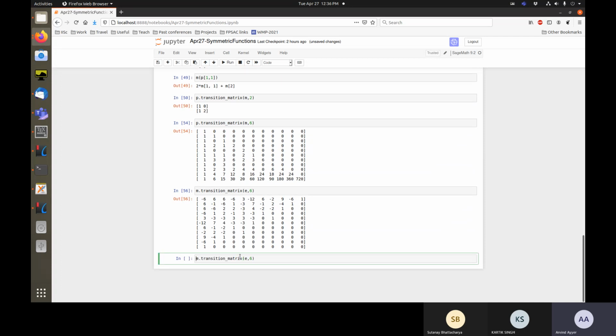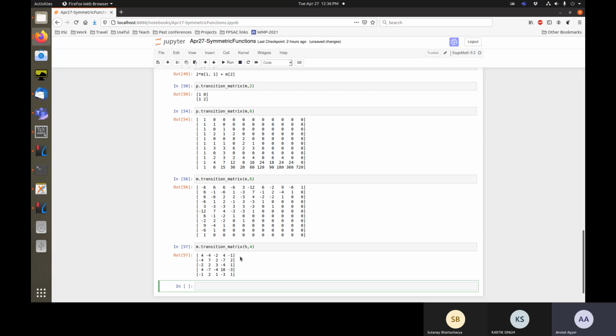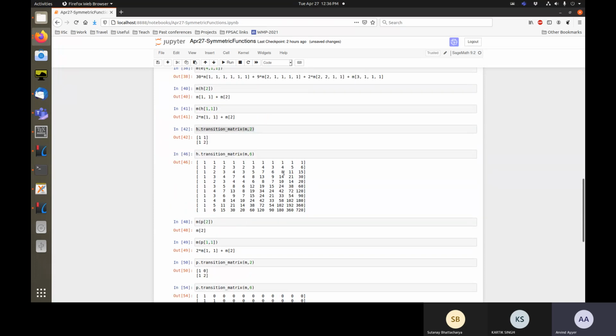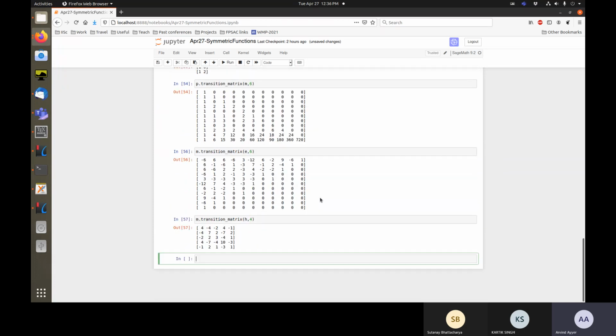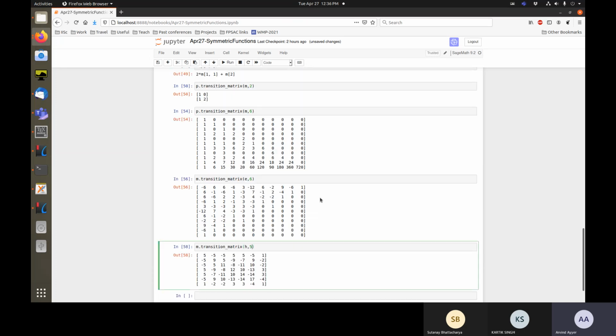And now let me write this for the homogeneous symmetric functions. Let's go slow. So remember, in the homogeneous case, all the entries are non-zero. So you're going to get some mess in the calculation, but this still turns out to have integers.